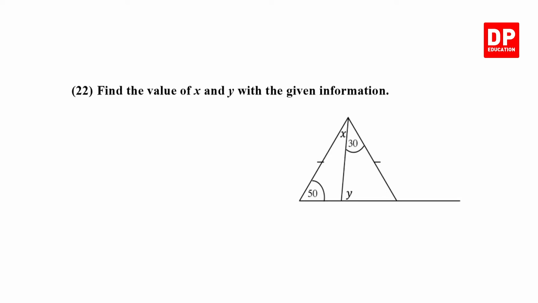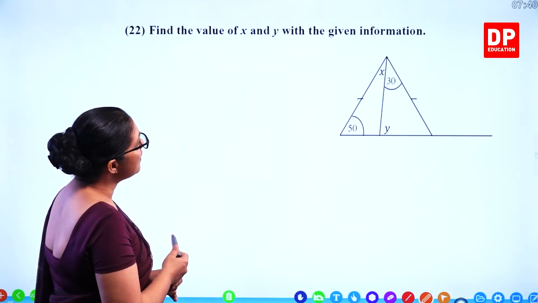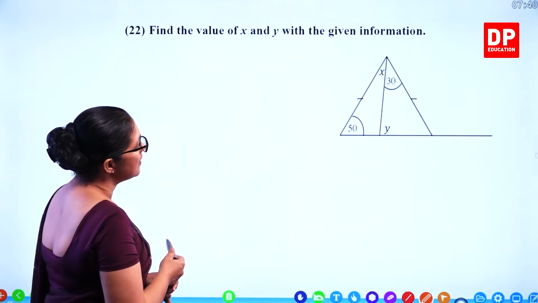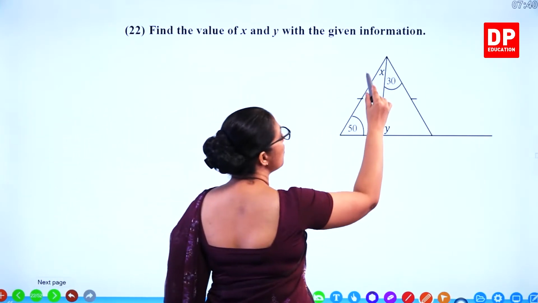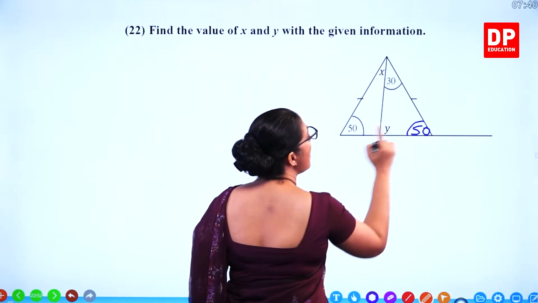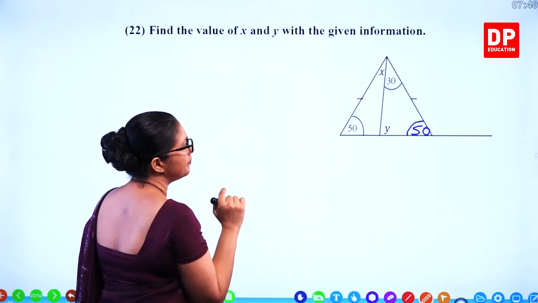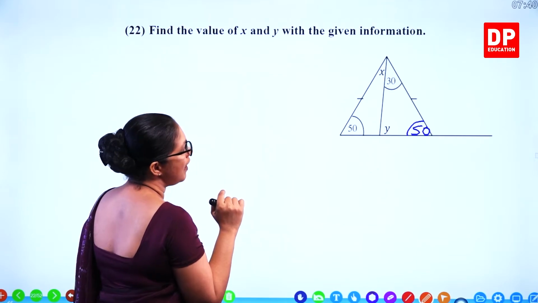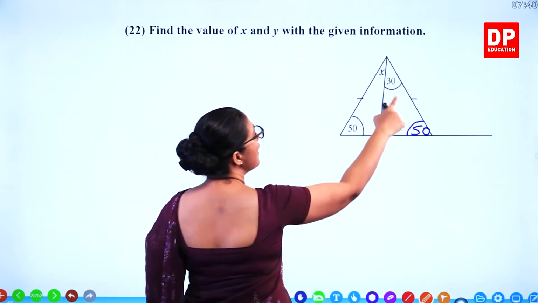Question number 22. Find the value of x and y with the given information. It's given these two lengths are equal. So if this is 50, this is 50. Isosceles triangle. Then easily you can find the y value.